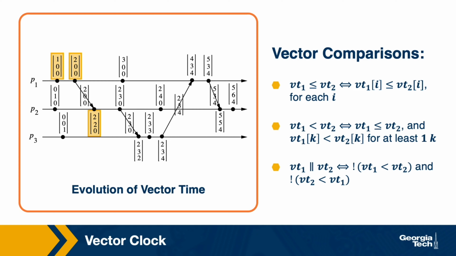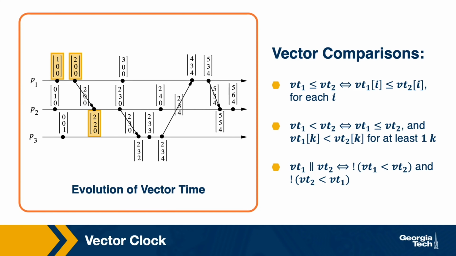If we take a look at these two events of sending and receiving the message, we know, based on the clock rules, what would happen with the timestamp that's generated by the vector clock on node P2 when P2 receives this message. The message will be timestamped as 200. Its timestamp before this event was 010.